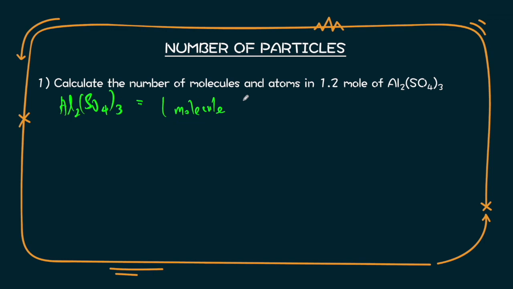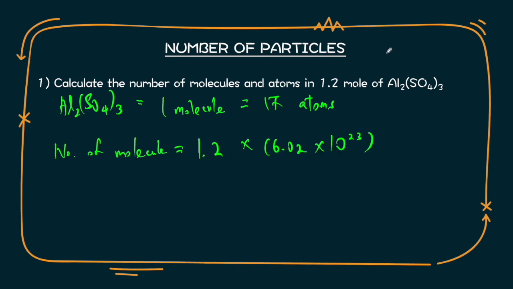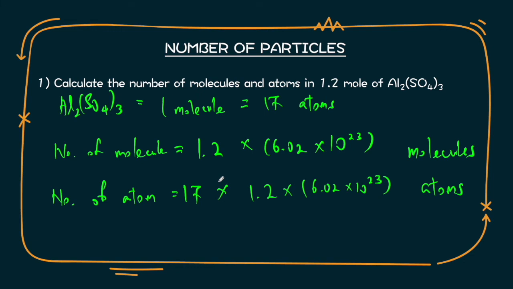Using what we learned just now, this compound has 2 Al and 3 times 1 S and 3 times 4 O, so giving us 17 atoms. Okay, so at here, if we look for number of molecules, it will be 1.2 times Avogadro constant, and you will get the number. As for number of atoms, you will do the same, 17 times 1.2 times the Avogadro constant. Okay, the steps are just similar.